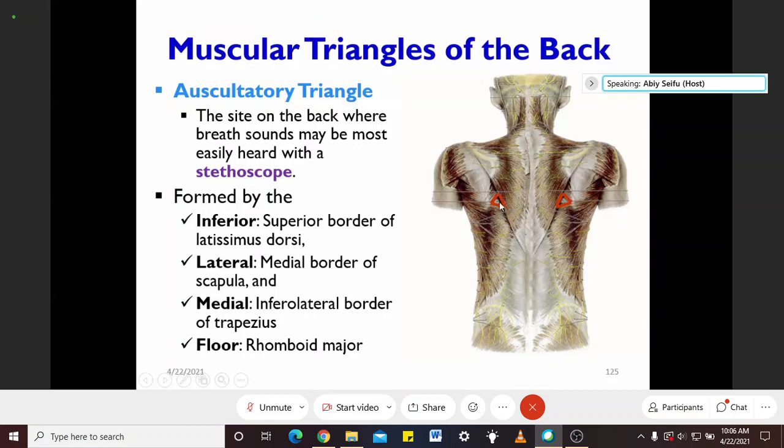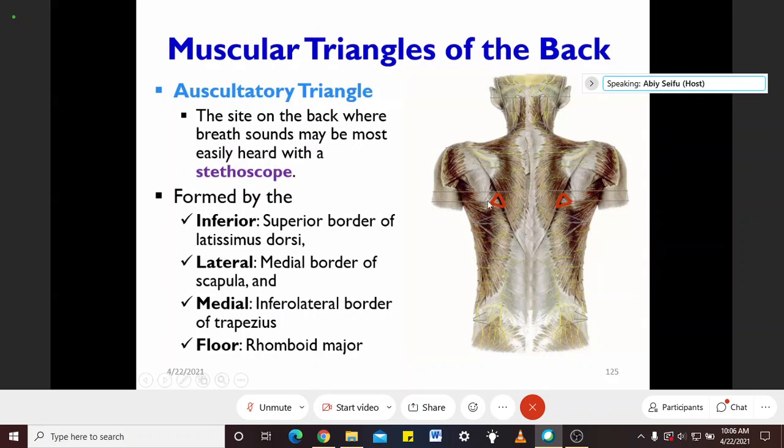This one is the auscultation triangle, which is used to hear the sounds of the lung by stethoscope, and which is formed by the trapezius, the scapula, and latissimus dorsi.